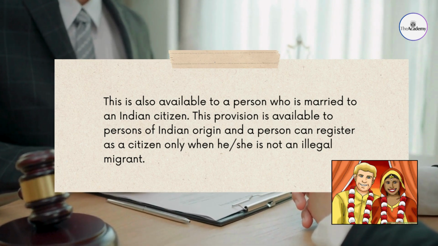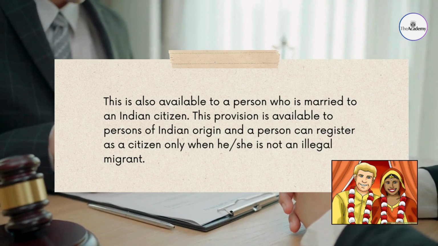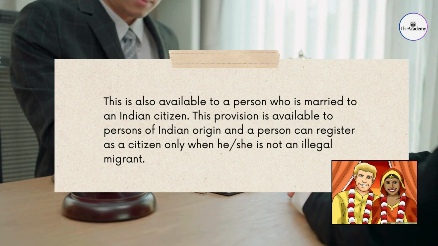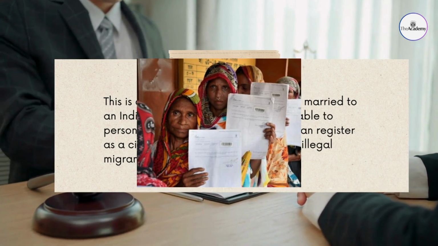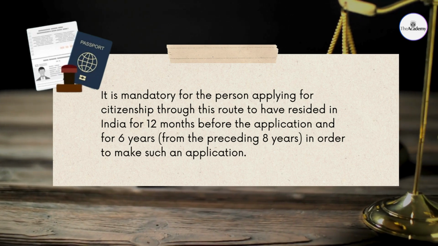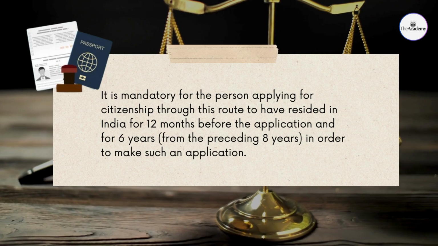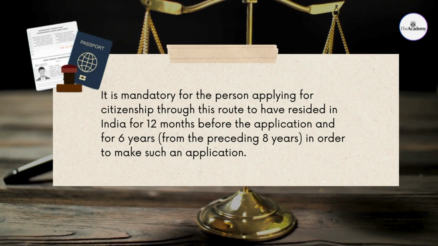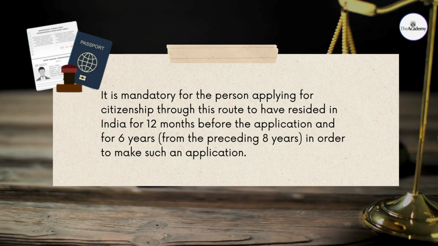This provision is available to persons of Indian origin, and a person can register as a citizen only when he or she is not an illegal migrant. It is mandatory for the person applying for citizenship through this route to have resided in India for 12 months before the application and for 6 years from the preceding 8 years in order to make such an application.